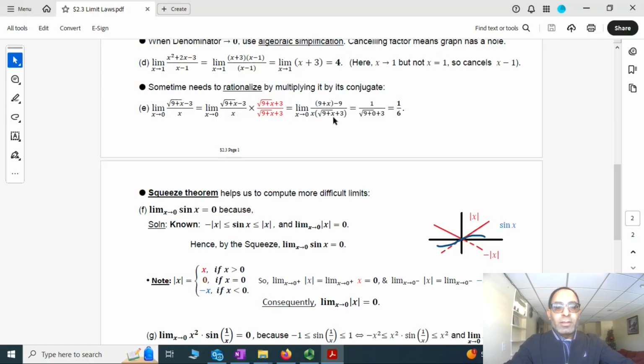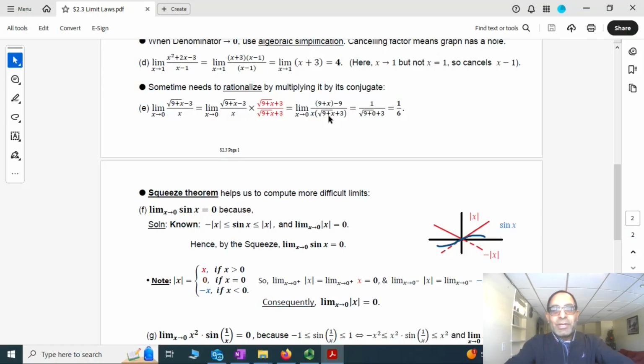Then in the third step here, copy the limit as it is. And the numerator, when we multiply radical 9 plus x minus 3 and radical 9 plus x plus 3, it gives us 9 plus x minus 9 over, I'm just copying the denominator as it is, x times radical 9 plus x plus 3.